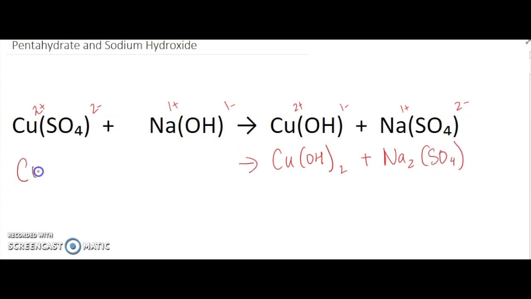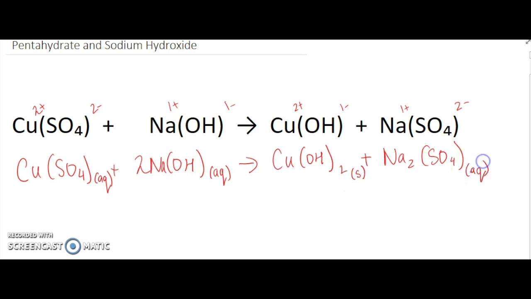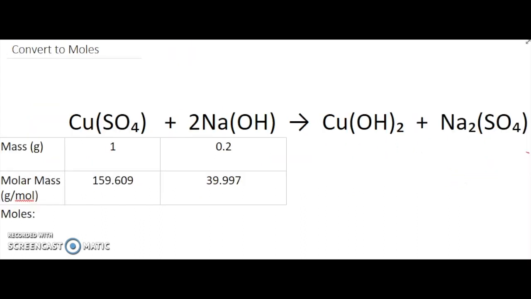And now let's balance the equation. Now, to note whether they're aqueous or solid, now we are going to convert grams to moles.